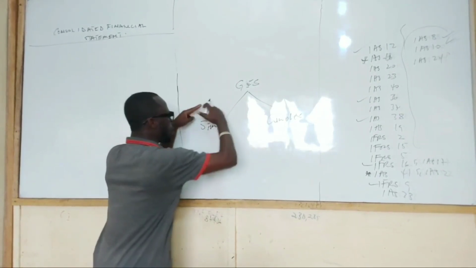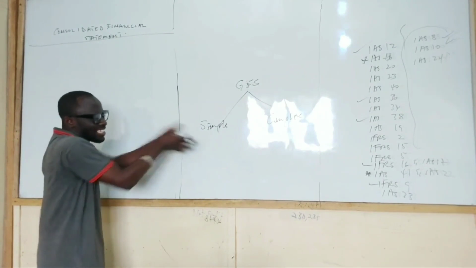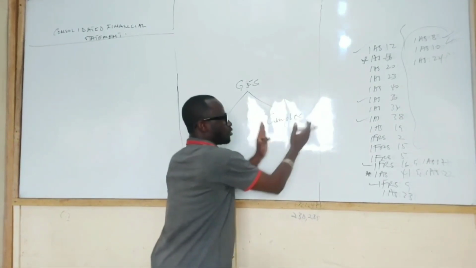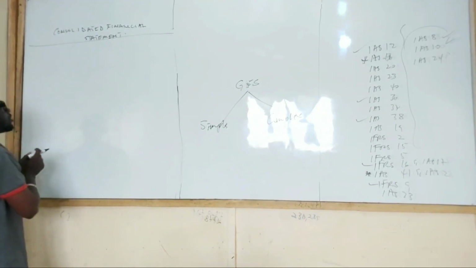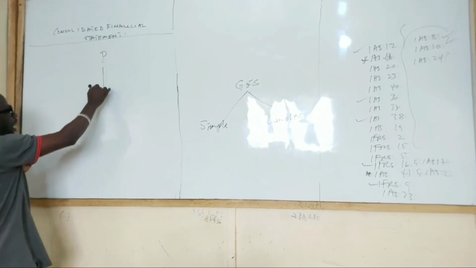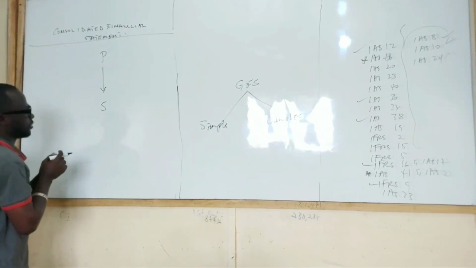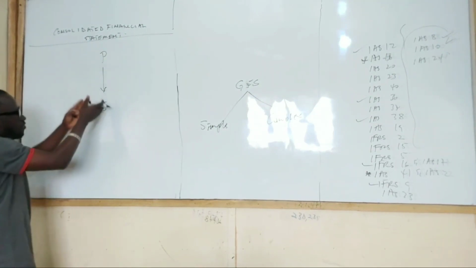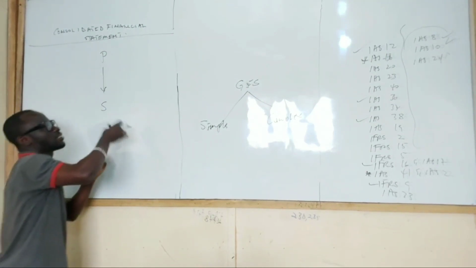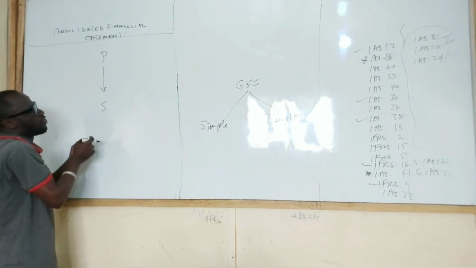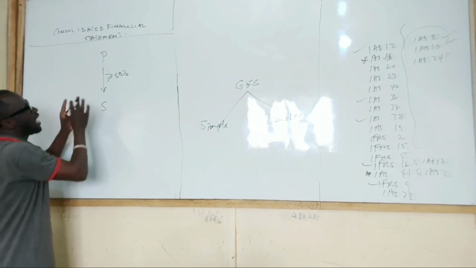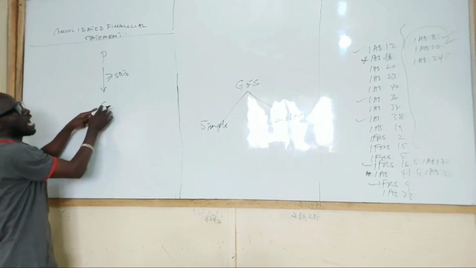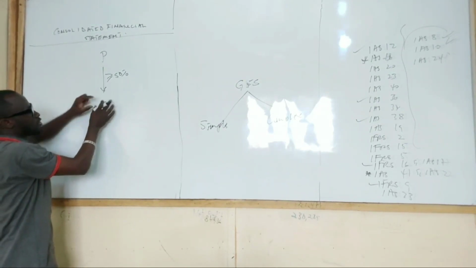Now, I'm going to start with a simple group structure, get your understanding, then we come to the complex. In a simple group structure, a parent company invests in another company. If it has more than 50% of the voting rights, so greater than or equal to 50%, that means the investment in the other company becomes what?